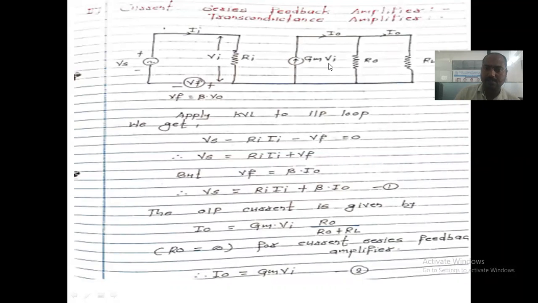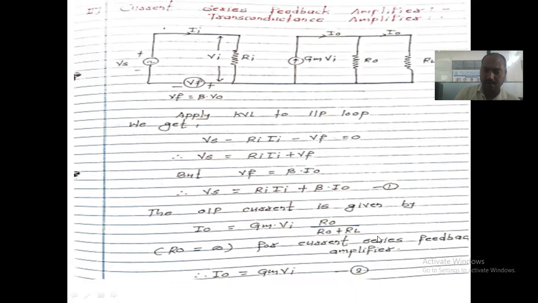So that's why it is Gm into Vi. So your equation with respect to I0, which is nothing but the output current, when we apply the voltage divider rule, is R0 divided by R0 plus RL into Gm into Vi, right?